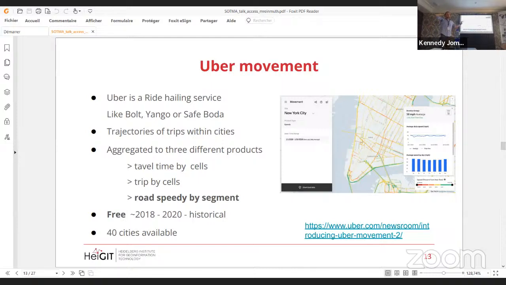And yeah, they publish it for free. I mean, it's a company, but they publish it for free for 40 cities globally, covering 2018 to 2020 in time. So of course, it's not recent data, but you get a glimpse of how in these cities the rush hour looks like or other patterns.